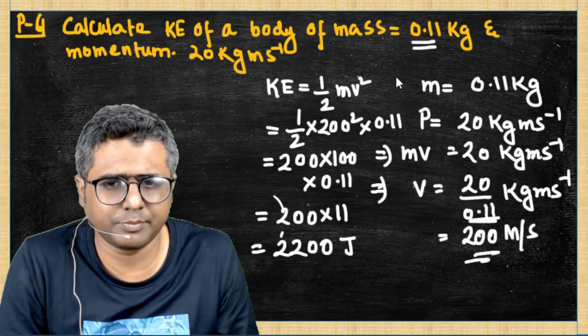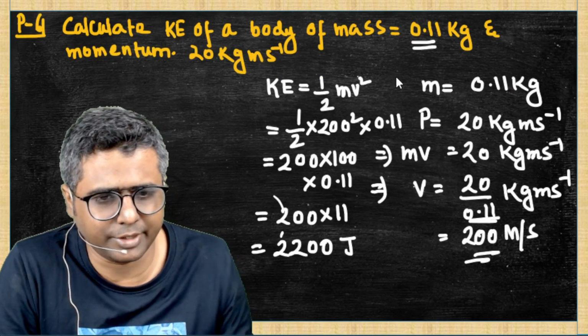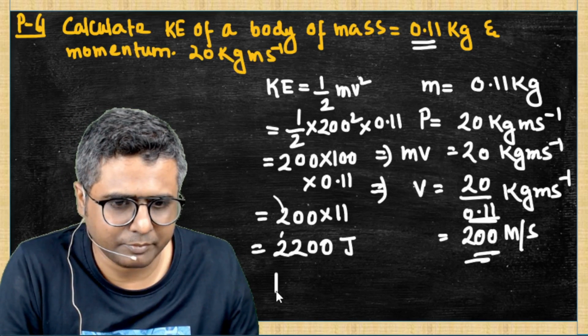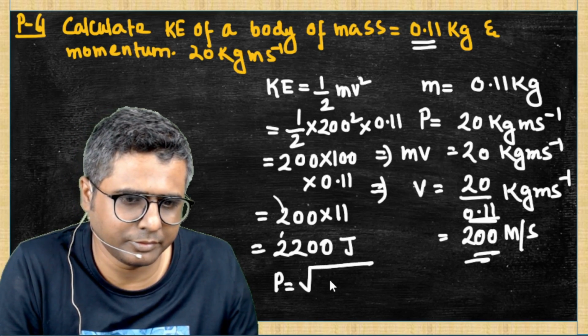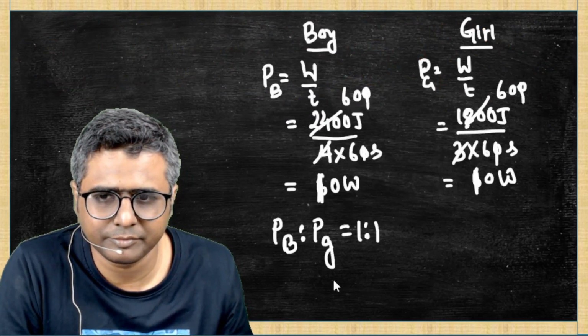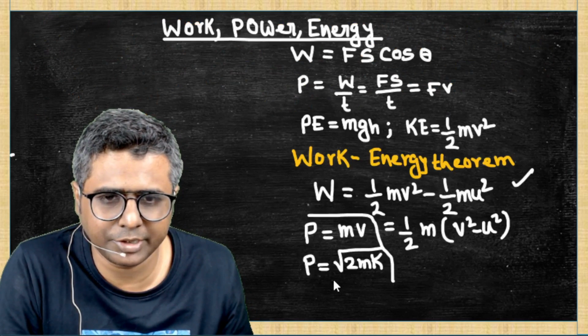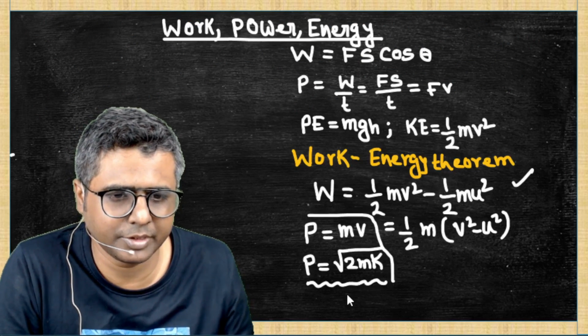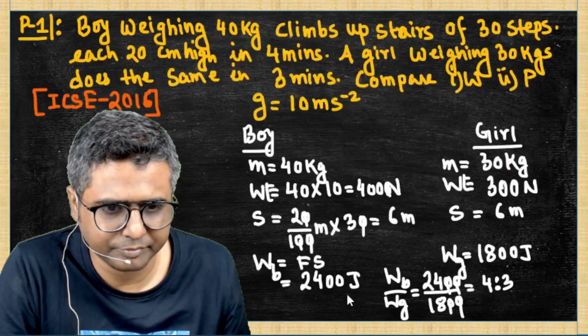But in this problem number 6, I would like to say you could have used this formula also. Momentum is equal to root over 2m into kinetic energy, because this formula we have done in our formula sheet here. See, this formula you can use directly.